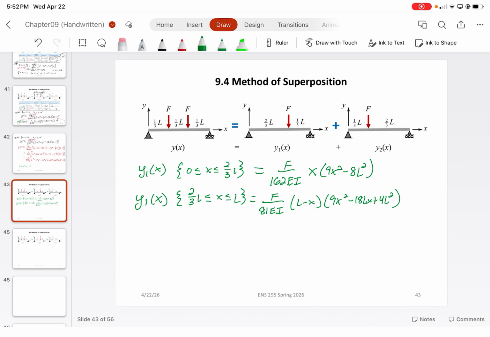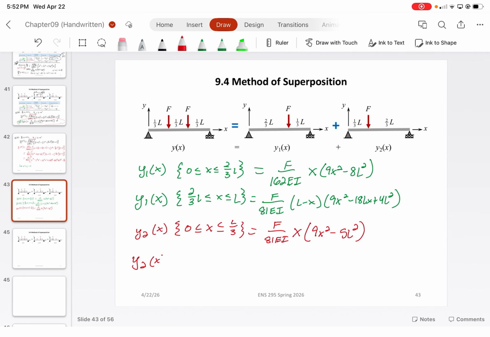You would do the same thing for the exact other structure for y2 of x, where y2 of x for 0 less than or equal to x less than or equal to L over 3 would equal F over 81 EI times x times (9x squared minus 5L squared).